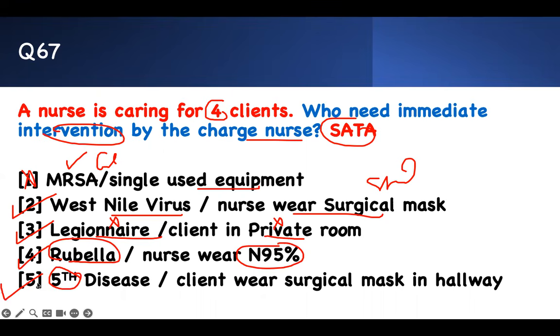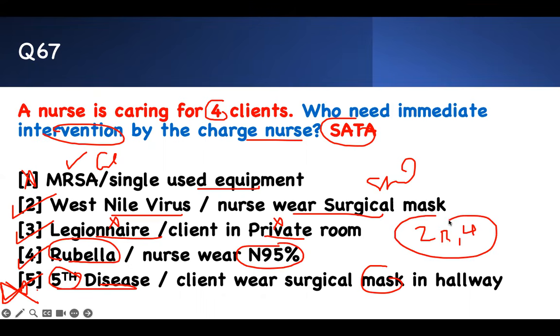I don't need to intervene here. Fifth disease is parvovirus. This is droplet. You can walk in the hallway with the surgical mask on. So those that need to intervene, 2, 3, and 4, are the right answers.